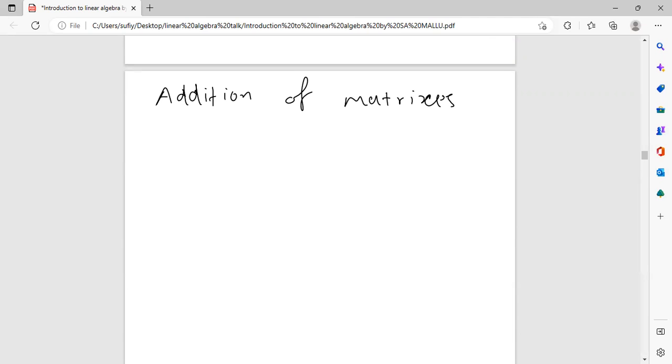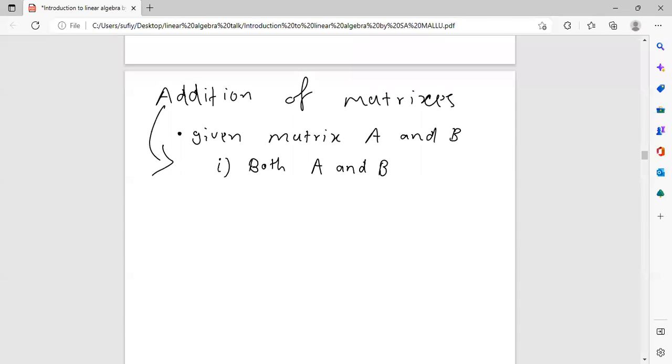So it says we can add 2 matrices. First of all, in order to define the addition between 2 matrices, let's say I'm given matrix A and B. The first thing you want to check is that, condition number 1, both A and B are square matrices.